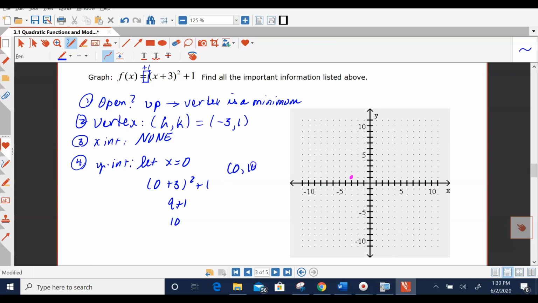So the y-intercept is at 0, 10. Connecting the dots, forming a parabola. There is the shape of the graph of this function.